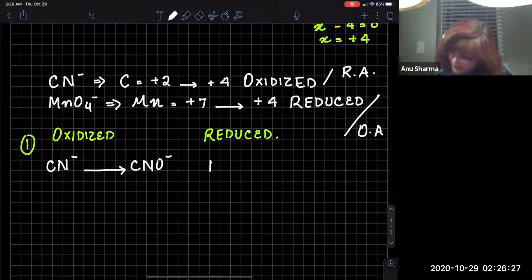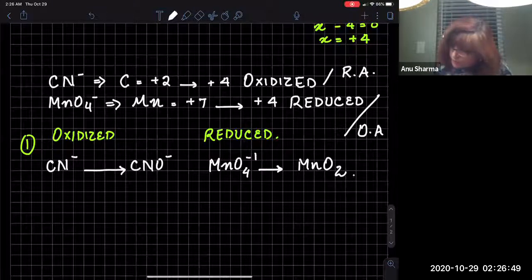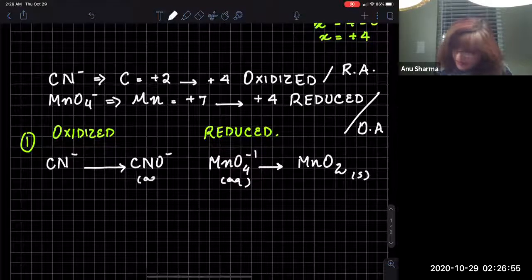And then you have here permanganate ion, -2, oh, sorry, it's -1, my mistake. This is -1, and this gives you MnO2. And again, MnO2 is a solid, MnO4 is in the aqueous medium, and the cyanide is also aqueous.